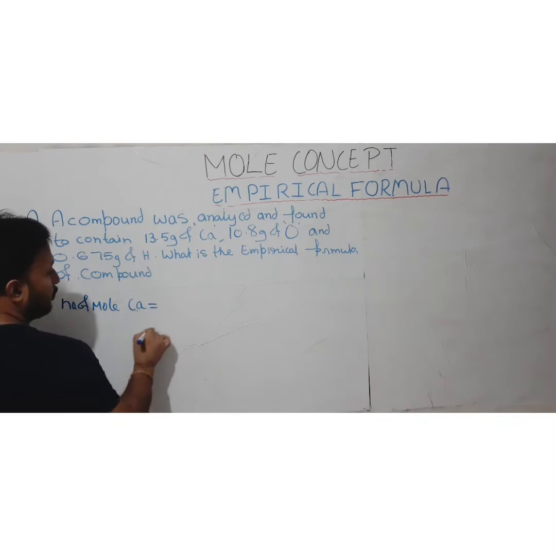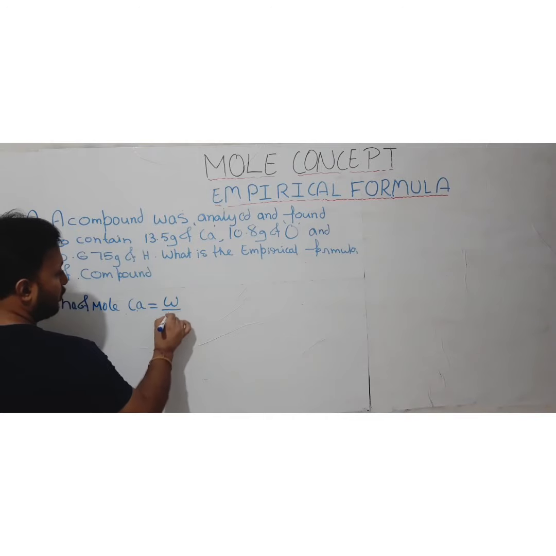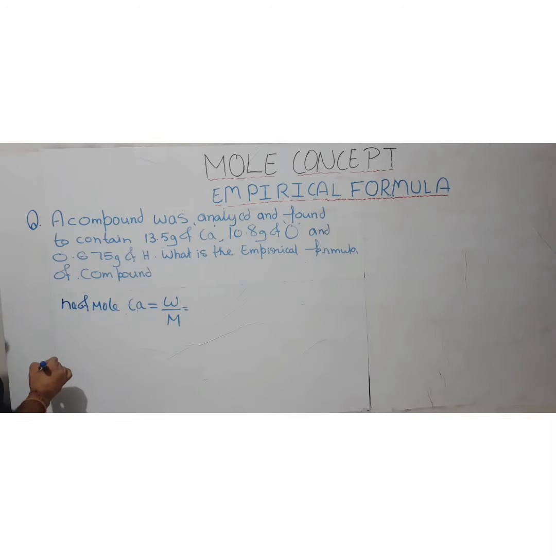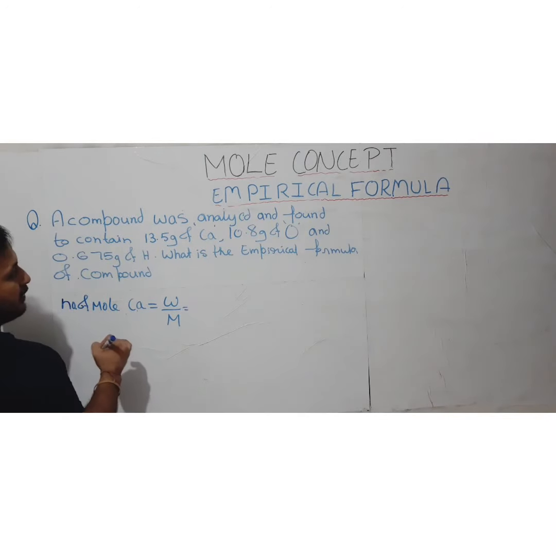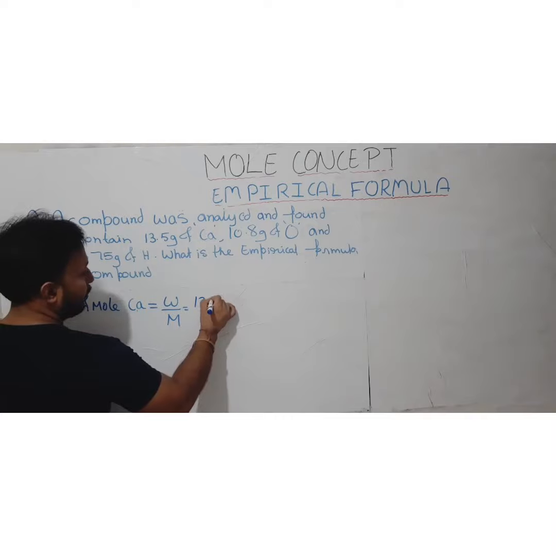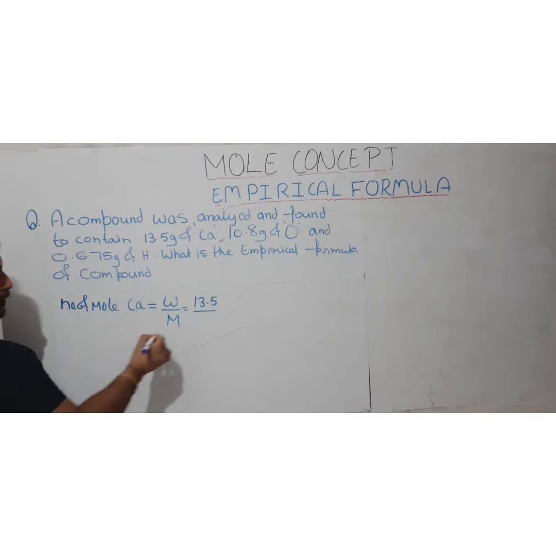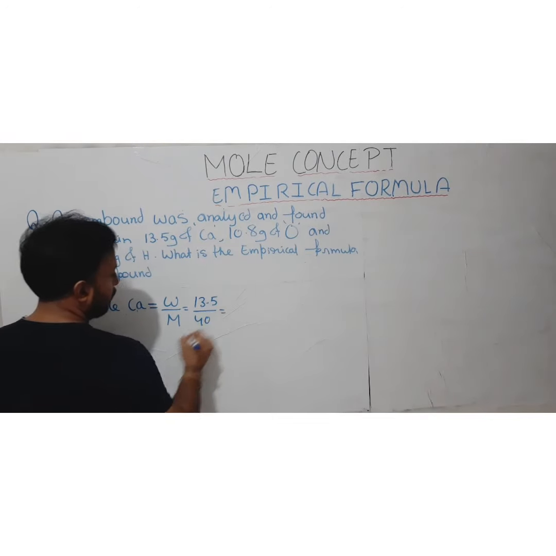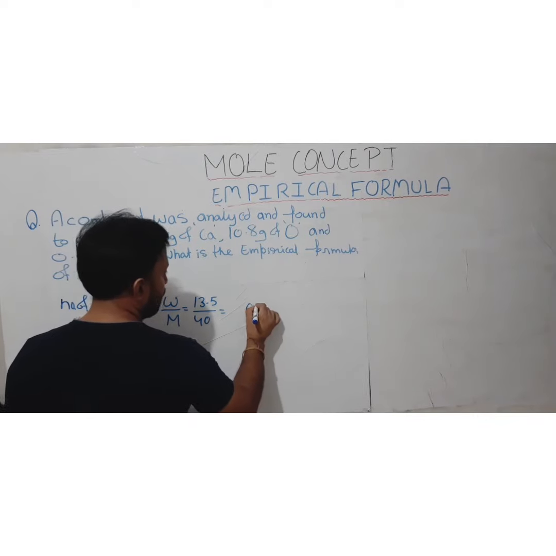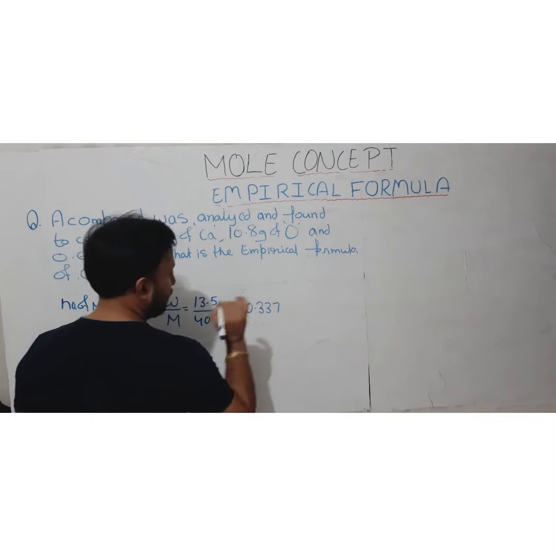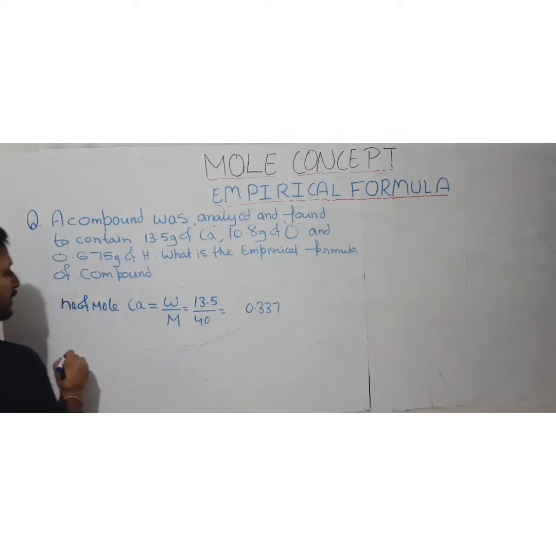As you know, the formula is given mass divided by the molecular mass. Given mass of the calcium in this case is 13.5, and the molar mass of the calcium is 40. So when you take the ratio, it will be coming around 0.337. So that is the number of moles of calcium.